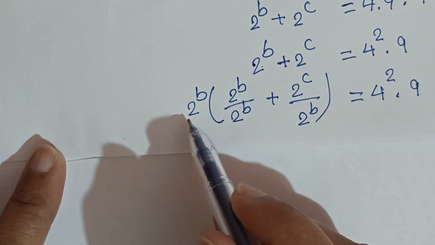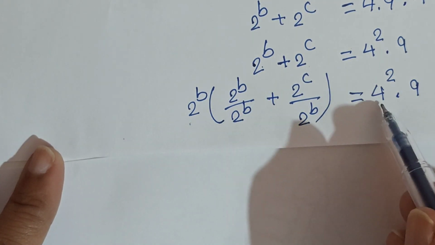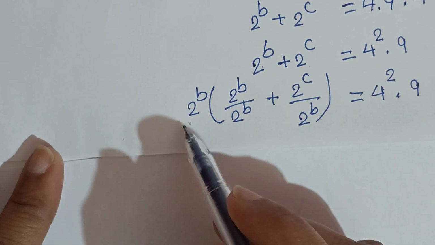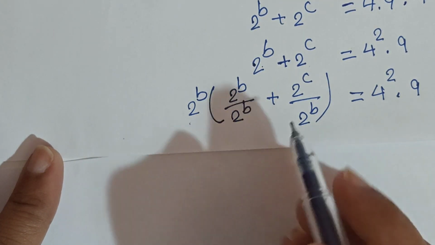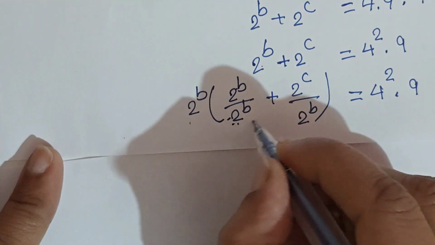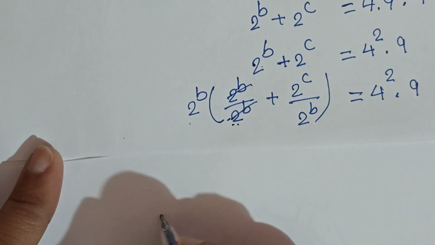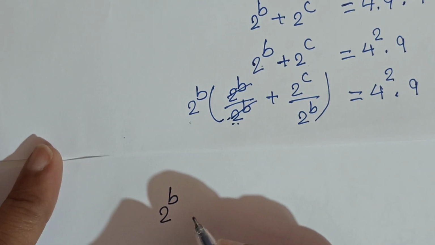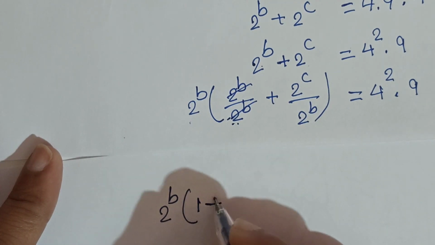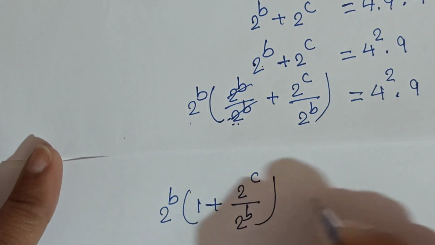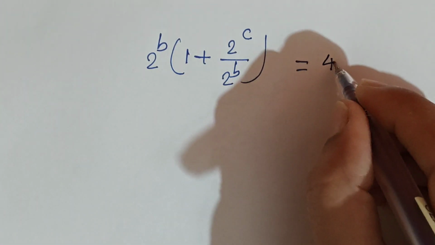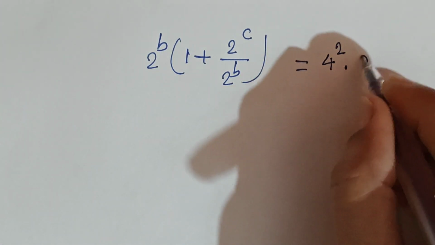Here 2 to the power b and 4 to the power 2 are even, and this is odd. 2 to the power b over 2 to the power b cancelled, so 2 to the power b bracket 1 plus 2 to the power c over 2 to the power b is equal to 4 to the power 2 into 9.